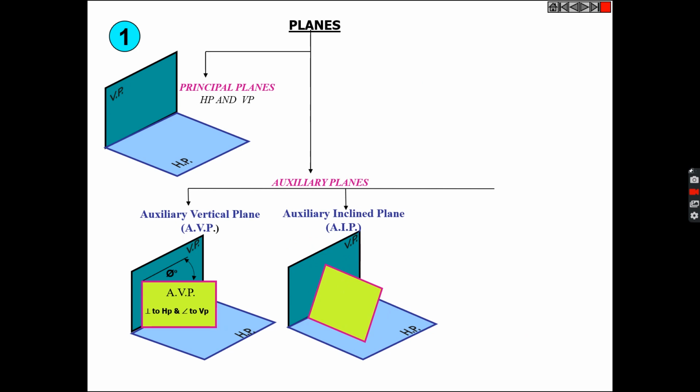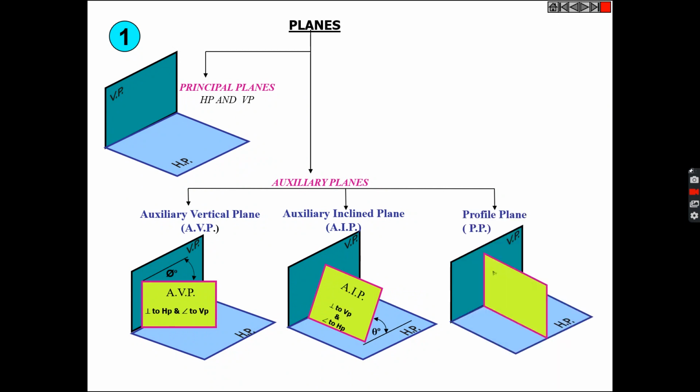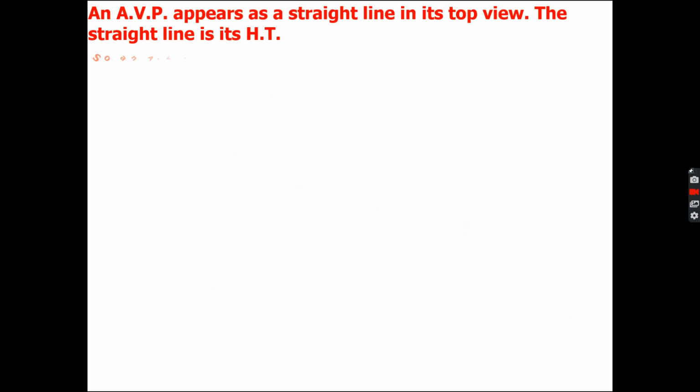These names are basically made with respect to the horizontal plane. The vertical plane is the plane that is perpendicular to the horizontal plane. Auxiliary inclined plane is inclined to the horizontal plane. And third one is profile plane, that you already know.